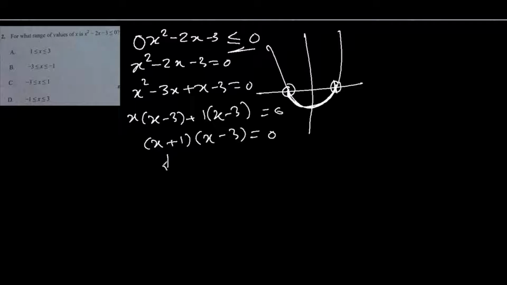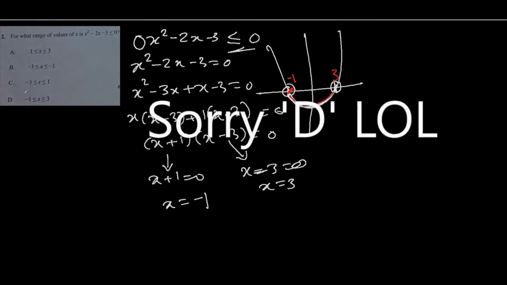So this gives us x plus 1 equal to 0, which is x equal to minus 1. This gives x minus 3 equal to 0, which is x equal to 3. So the two zeros or two x-intercepts we got are minus 1 and 3. So clearly the answer is between those two. Answer will be from minus 1 to 3.